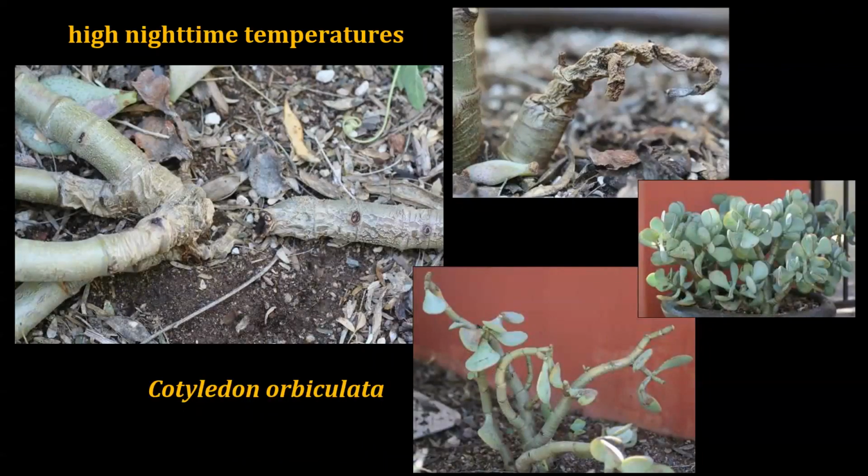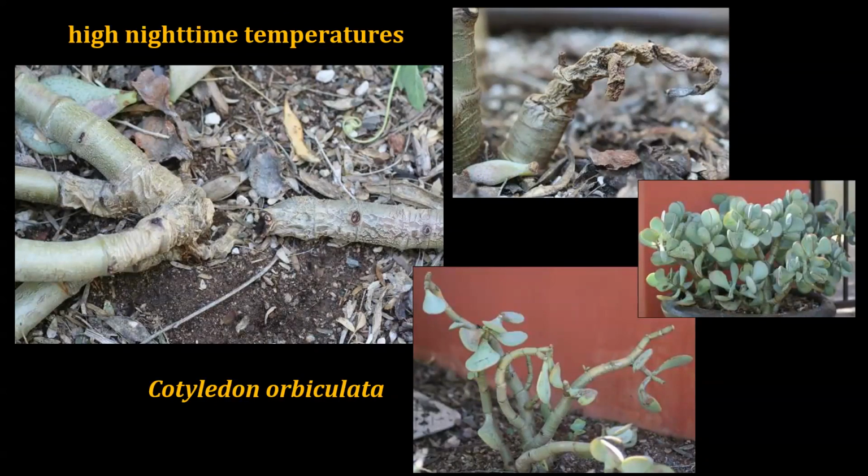Okay, nighttime temperatures. During the summer, we've all seen these, the last few years especially, we will have stretches where perhaps the temperature doesn't go below 95 at night. And if this occurs on a few nights in succession, it can greatly impact some of our succulent plants.